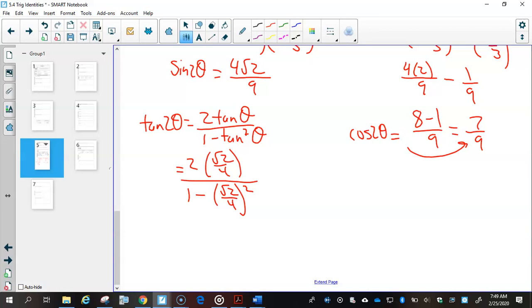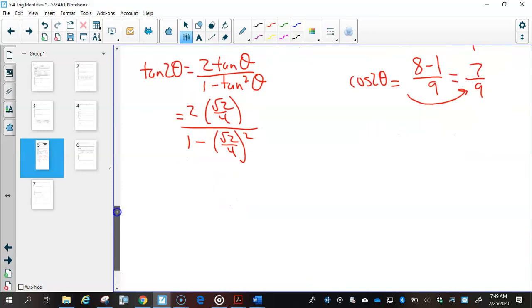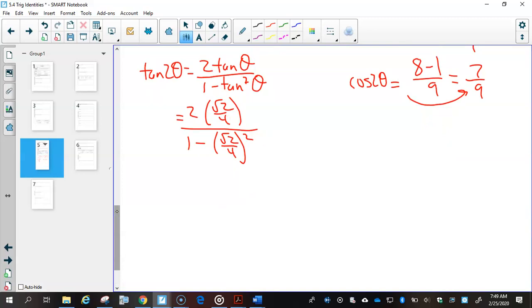That's completely up to you. I simplify in pieces. So simplifying the numerator, I'm going to square this before I do anything else. I could also simplify this, but I'll write it down here.